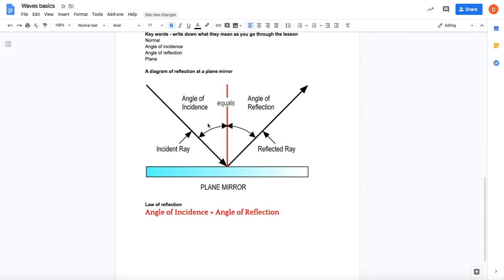Of course, the measurement will have some error in it, so they won't be absolutely perfectly the same, but that pattern would show that the angle of incidence equals the angle of reflection every time.